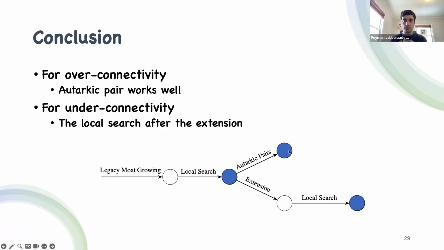Or if we are under connecting, we can use the extension and then run the local search again to get a good solution. And I know that in general, it's a combination of these. I mean, we are over connecting some vertices and under connecting other vertices. But based on which one is the major one, we show that one of these solutions would be a better approximate solution. That's it.